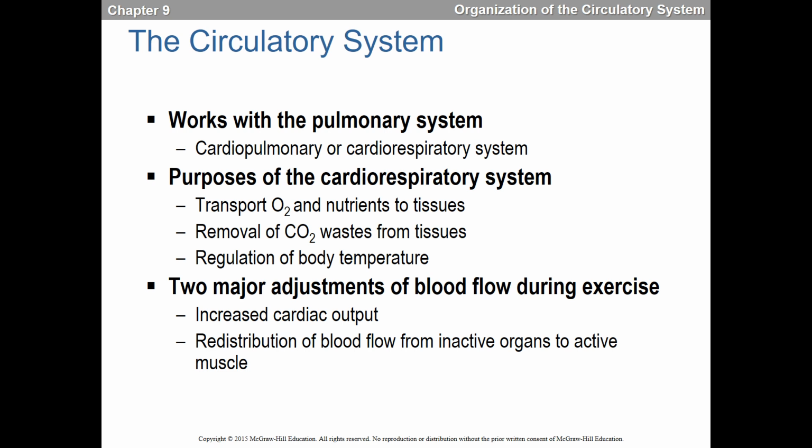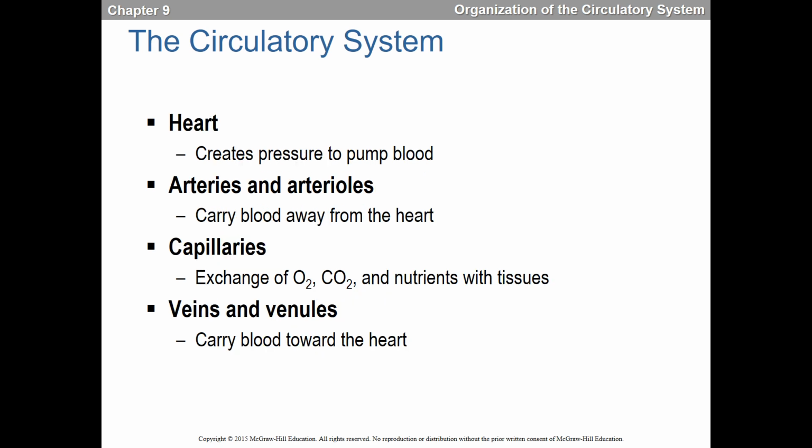One way to conceptualize that is if you're only exercising your biceps, there's going to be a massive increase in blood flow to your biceps and really nowhere else. We don't need more blood flow going to our kidneys whenever our biceps are really the main thing having the highest metabolic demand.